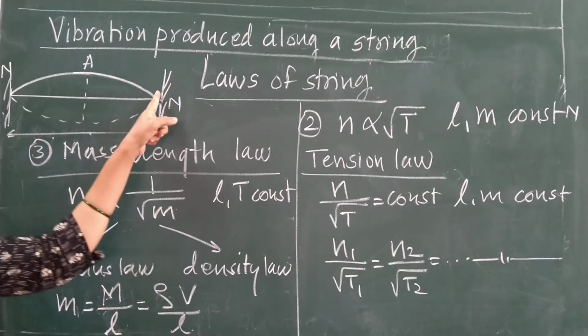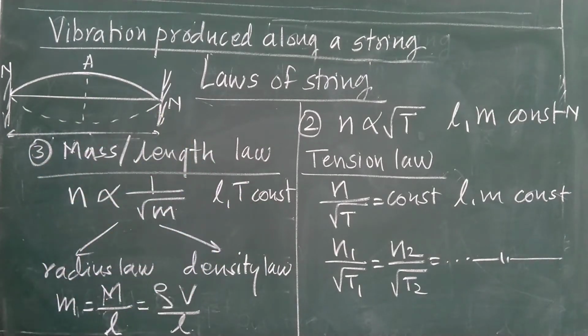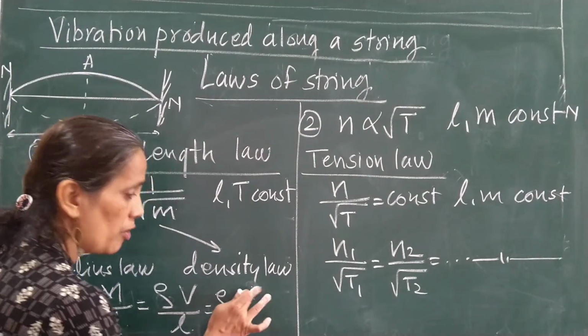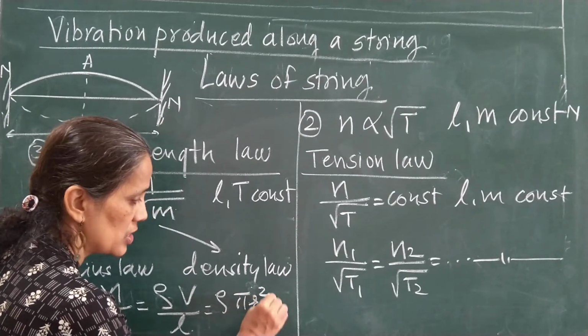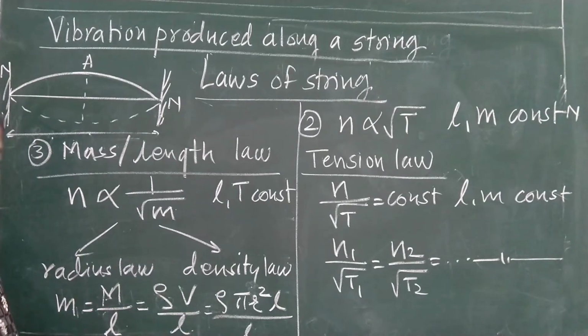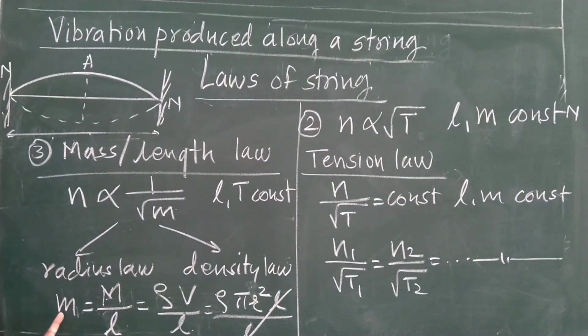Now this string is a wire, and a wire is just like a cylinder. So instead of volume I can substitute the volume of the wire, which is the cross sectional area pi r square into length, divided by length. So this length factor will get cancelled. And now what am I getting?